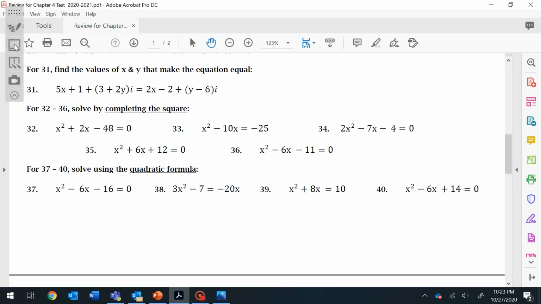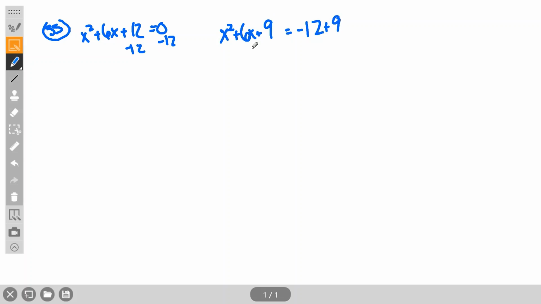35, x squared plus 6x plus 12 equals 0. So move the 12. X squared plus 6x equals negative 12. Complete the square, I would have to add 9, because half of 6 is 3, and 3 squared is 9. So that creates a perfect square on the left side, x plus 3 squared.